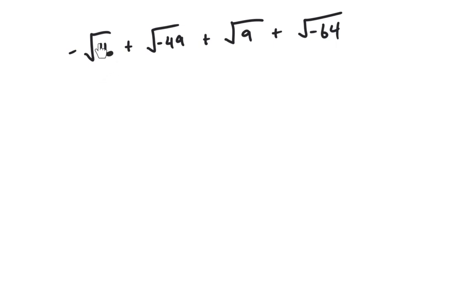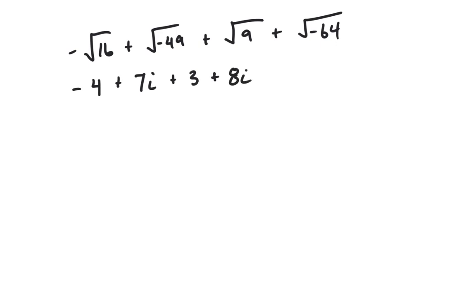Square root of 16 is 4. This just has a negative out front. But the square root of a negative number, square root of 49, of course, is 7, but because it's negative, we put an i. Square root of 9 is 3. And the square root of -64 is 8i.